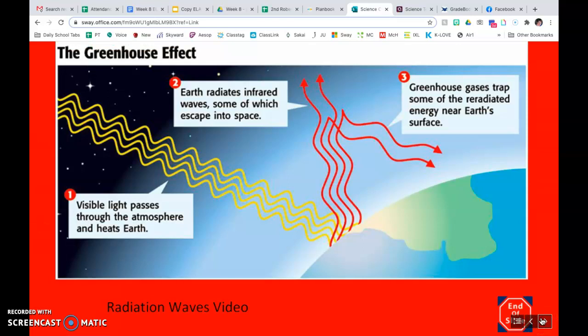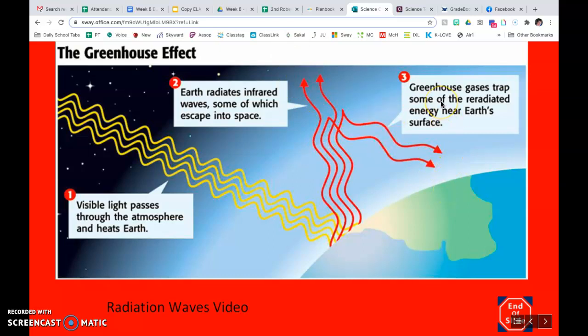It's not a law. But either way, the greenhouse effect allows this visible light from the sun, as I said earlier, to pass through the atmosphere, and it heats the Earth. And then Earth radiates the infrared waves, some of which escape back into space and some of which come back down to Earth.